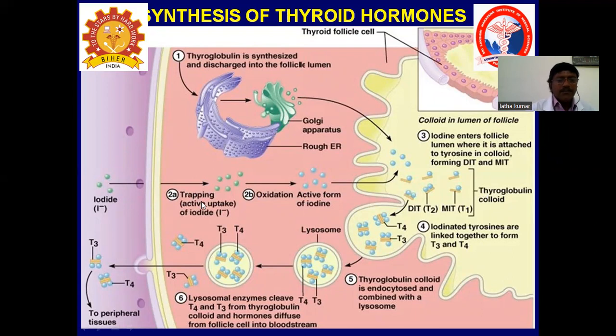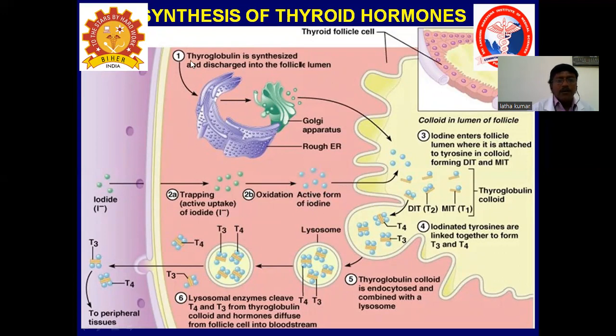This process takes place actively, which is why I previously said active transport. Iodide is trapped into the follicular cells by active transport, and gets oxidized to form the active form of iodine. You can easily see this in the picture.